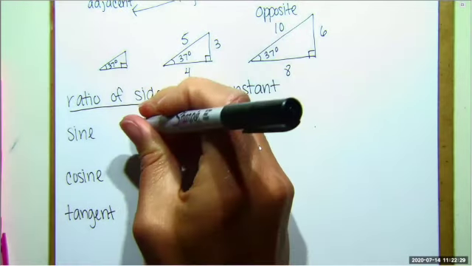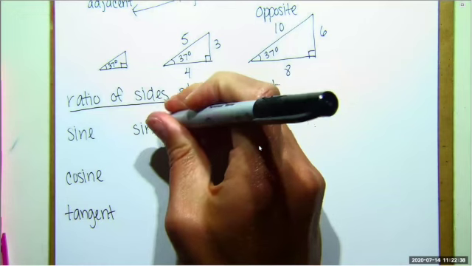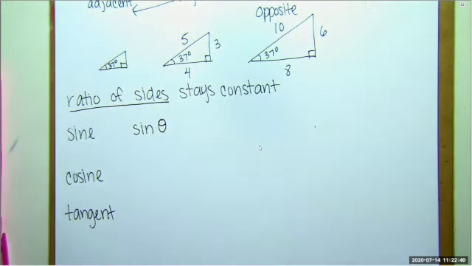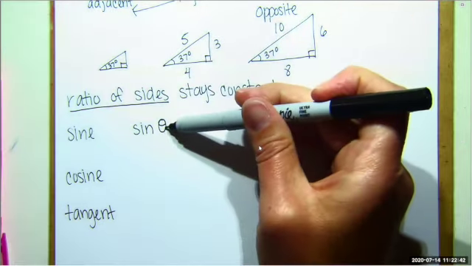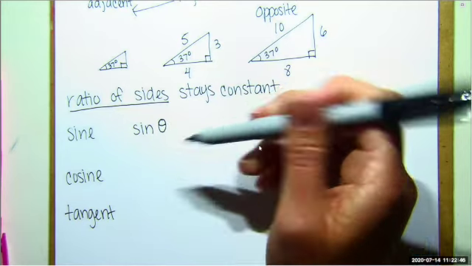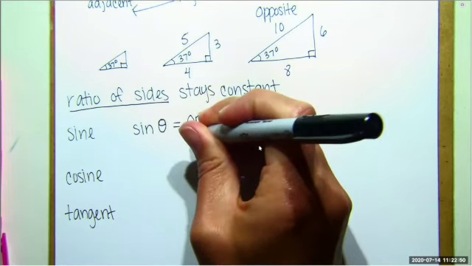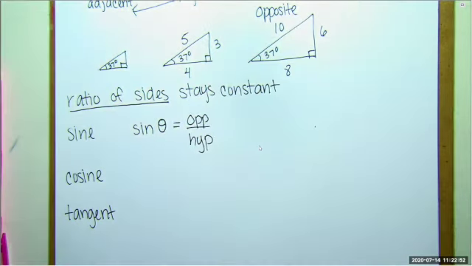Okay, sine we abbreviate S-I-N, and we always take sine of an angle. So this is sine of theta. So that means that theta is our angle of reference. Okay, so this tells us our angle of reference. So sine of theta is defined as the ratio of the opposite over the hypotenuse.